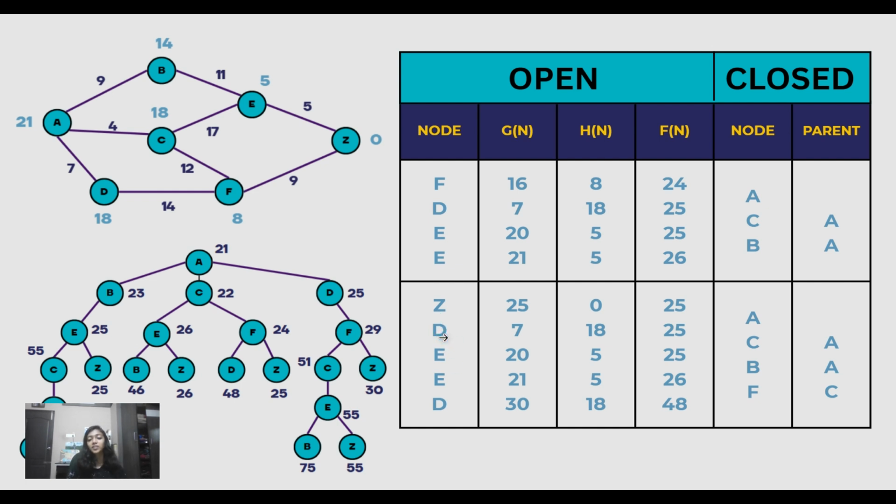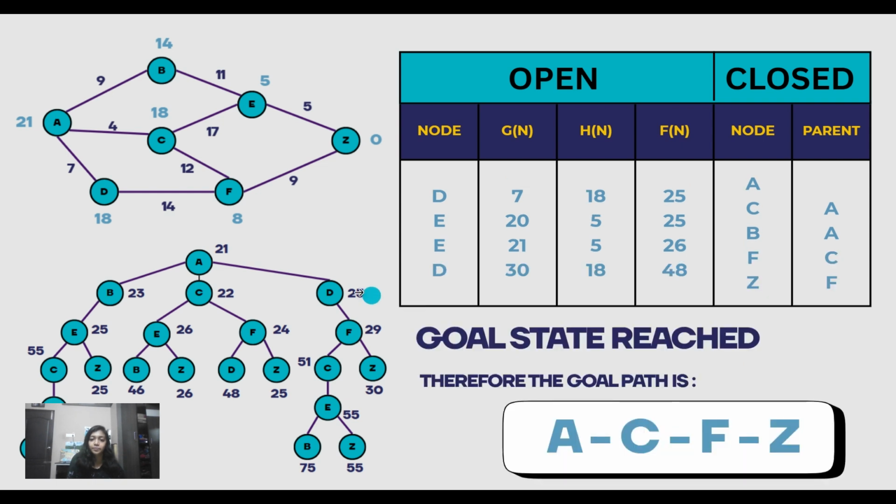So the main objective is to find the shortest path. You can also take D first or E first, but we will get a different goal path which may not be optimal. So the solution I'm going to show here will give the optimal and shortest path when we take Z first. So I will start exploring Z in the next step.